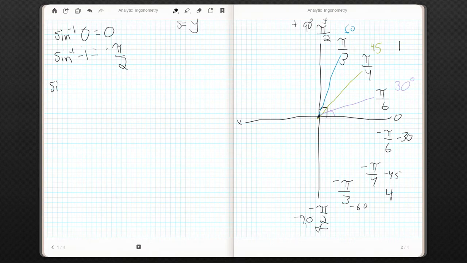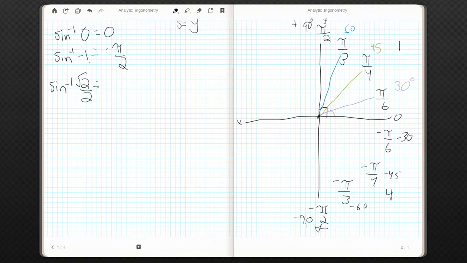Let's do a little bit crazier one. We'll do arcsine of square root of 2 over 2. Now, oh, goodness gracious. Square root of 2 over 2, scary number. But, you know, it's actually not too bad. Just by looking at the unit circle, I didn't draw it over here, but we know, as a given rule, anything square root of 2 over 2 is a 45-degree angle.